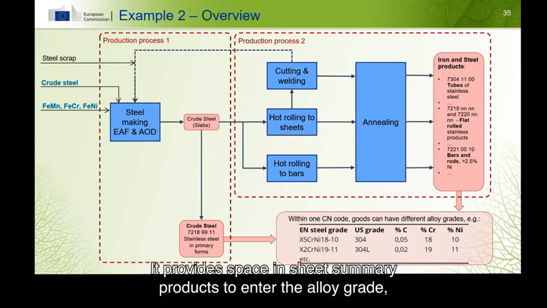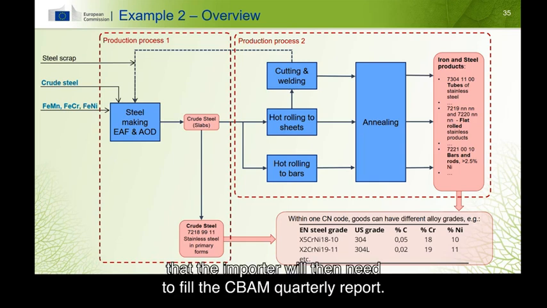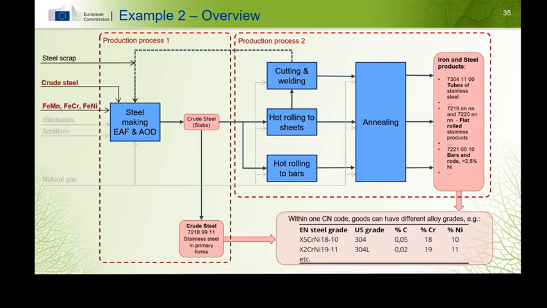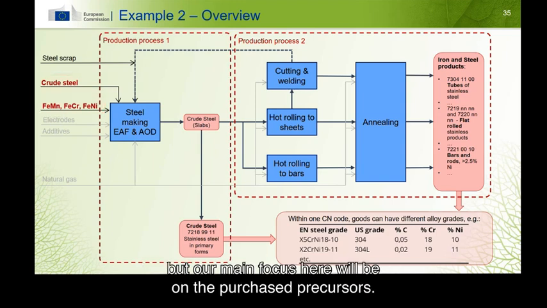It provides space in sheet Summary Products to enter the alloy grade and other qualifying parameters that the importer will then need to fill the CBAM quarterly report. For completeness, it is mentioned that other inputs such as natural gas will be relevant for this example, but our main focus here will be on the purchased precursors.